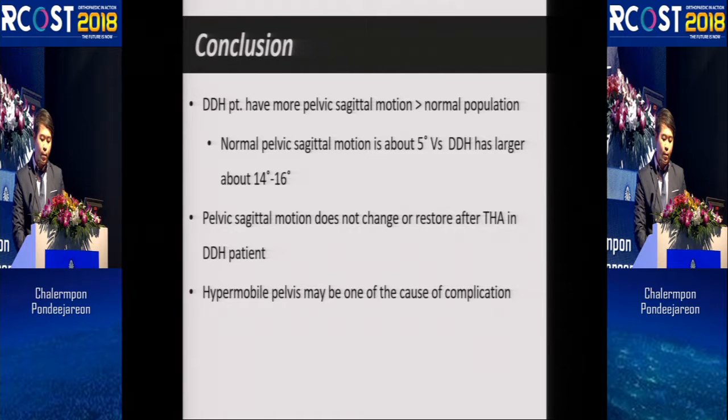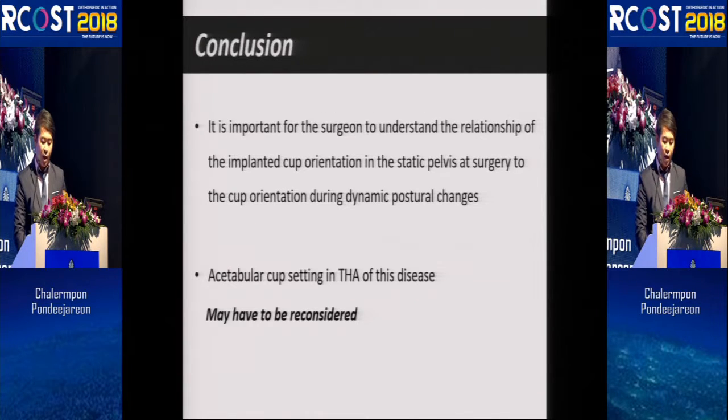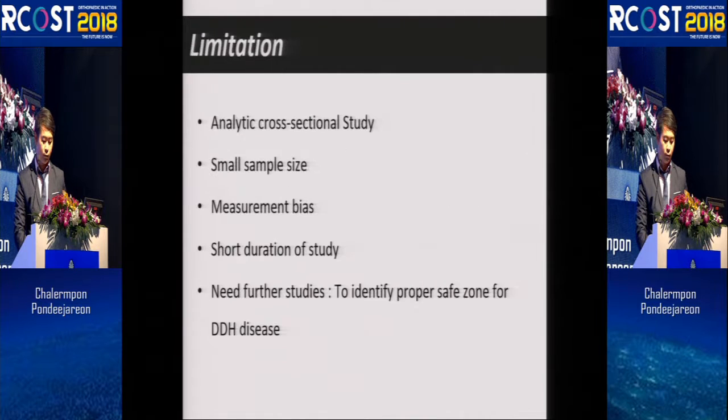So this hypermobile pelvis may be one of the causes of the complications. As a result, it is important to understand the relationship between the implant cup orientation in the static pelvis at surgery and the cup orientation during dynamic postural change, and the acetabular cup setting in total hip arthroplasty for this disease may have to be reconsidered.